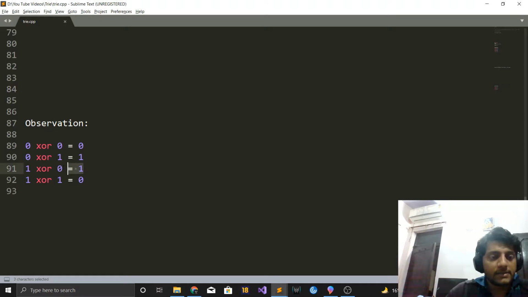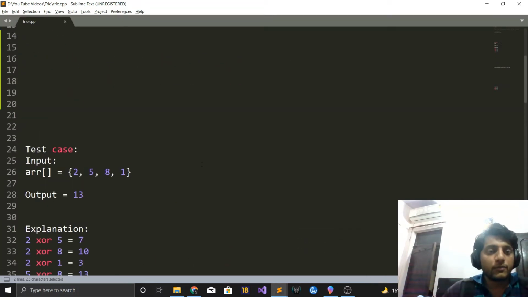So you can clearly see here that we get the maximum XOR value, that is 1, only when both the bits are different. If both the bits are the same, that is 0 0 or 1 1, then we get 0. Since we are interested in the maximum XOR value, these two cases are very important for us. So we'll focus on these two cases, and with the help of this observation and the trie data structure, we'll solve this problem in an optimized manner.